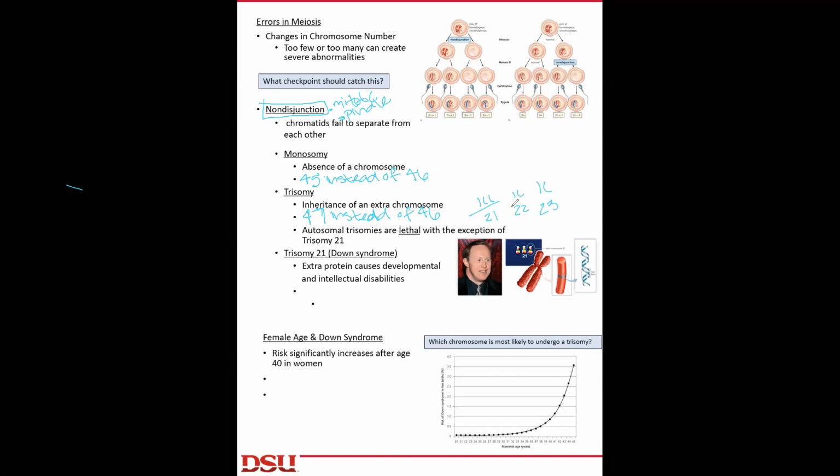And I think that we are familiar with the different symptoms that are associated with Down syndrome. Because there's this extra chromosome, we get extra copies of the proteins that chromosome creates, the genes that are on there. And that extra protein causes developmental and intellectual delays and disabilities.